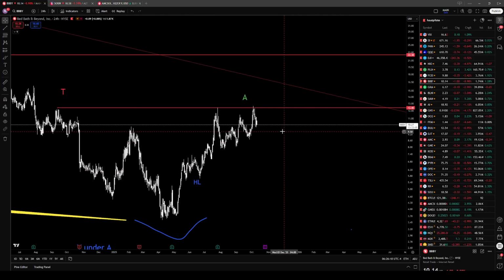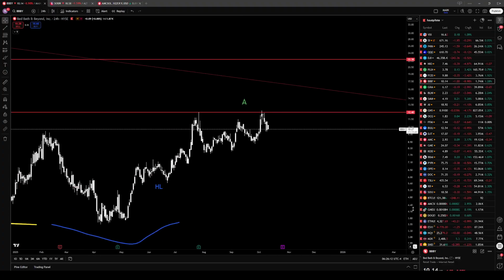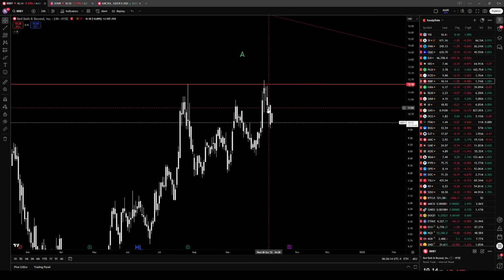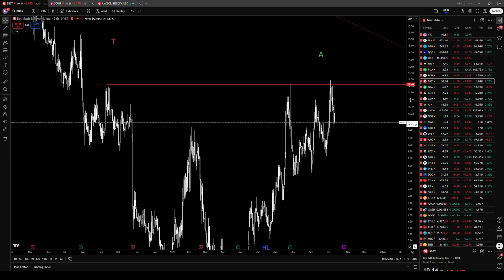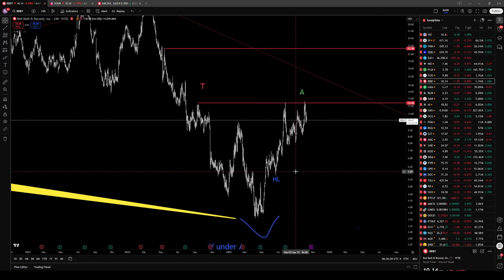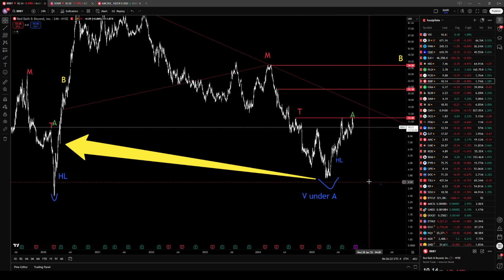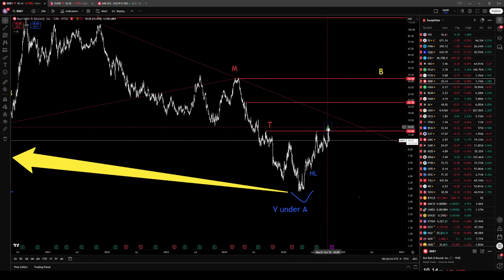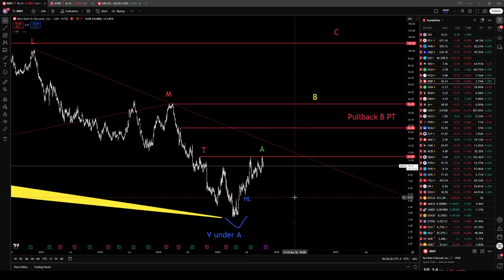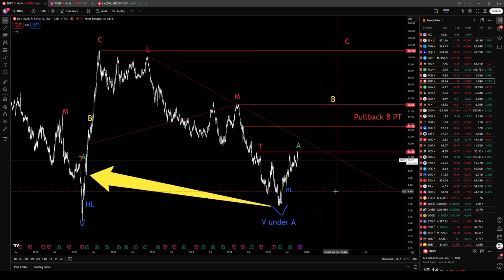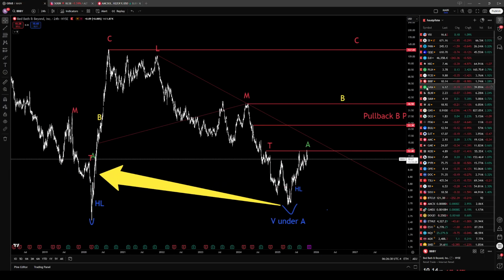Right now, you see it here. We came down, we came up again, we came down. Right now we are range bound. I'm still 50-50 on this. It's also a waiting game for me.